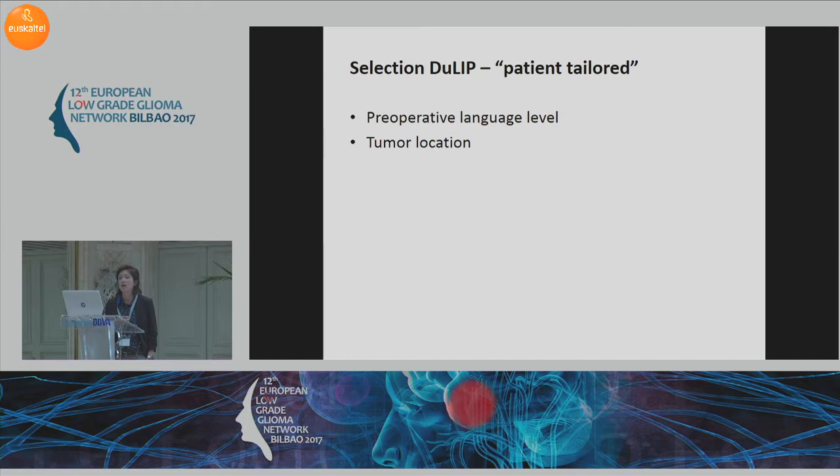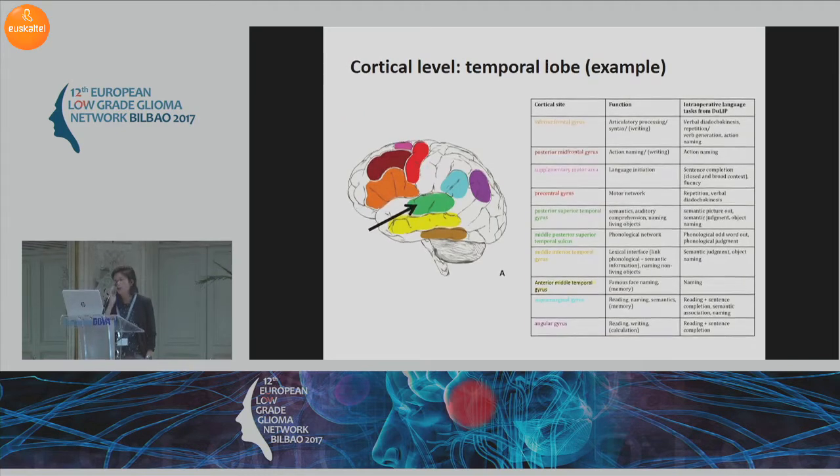So items that were produced incorrectly, for instance in an object naming task, we remove in the intraoperative phase, right?